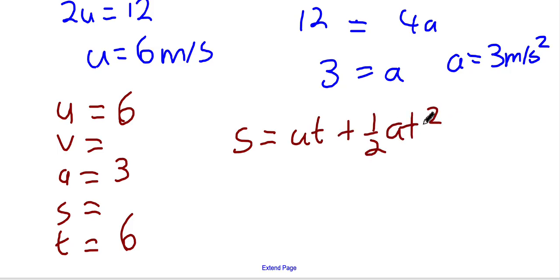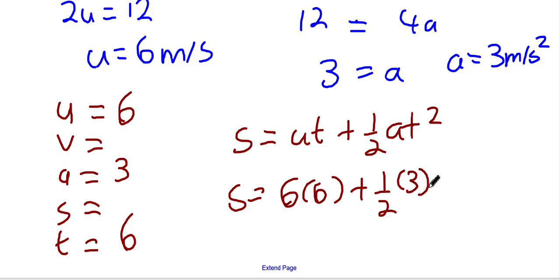Okay, and what do we get? 6 times 6 plus a half times 3 times 6 squared. I think it's 54 plus 36, which is like 80, and then a half of that is 40.